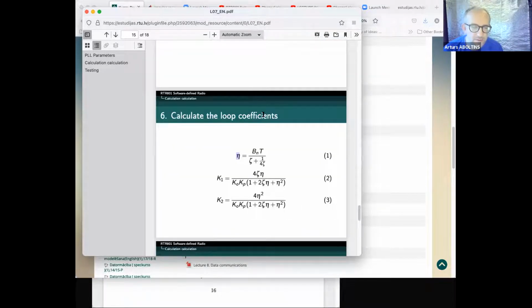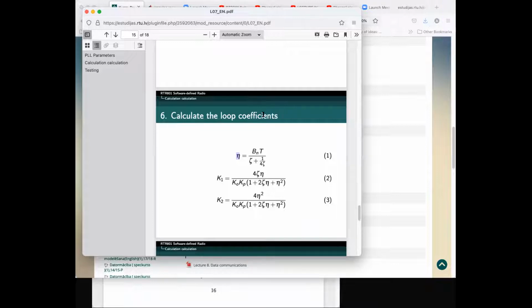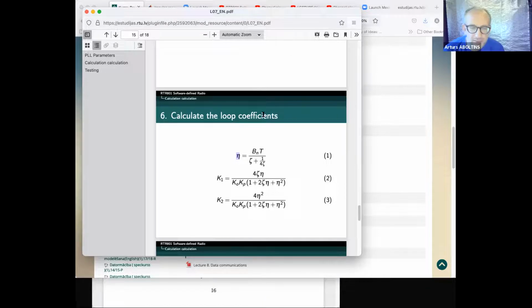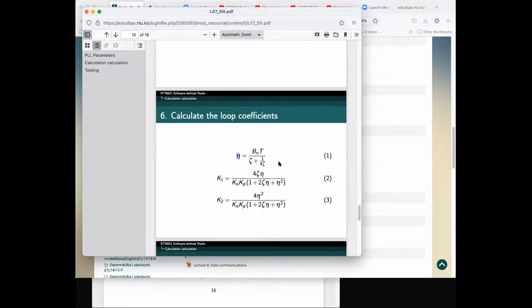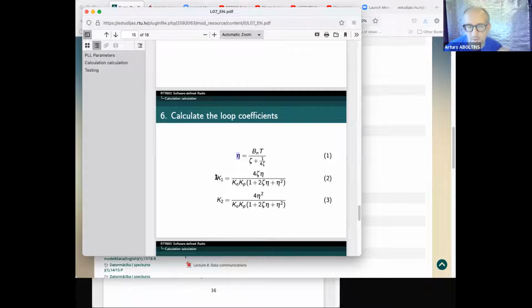I forgot. Eta. Okay, this is eta, yes. And this is just a temporary variable to simplify all these formulas. And then you just put everything in. What you actually have to find is only K1 and K2, yes? Because this is necessary for this. Here you put this K1 and K2.